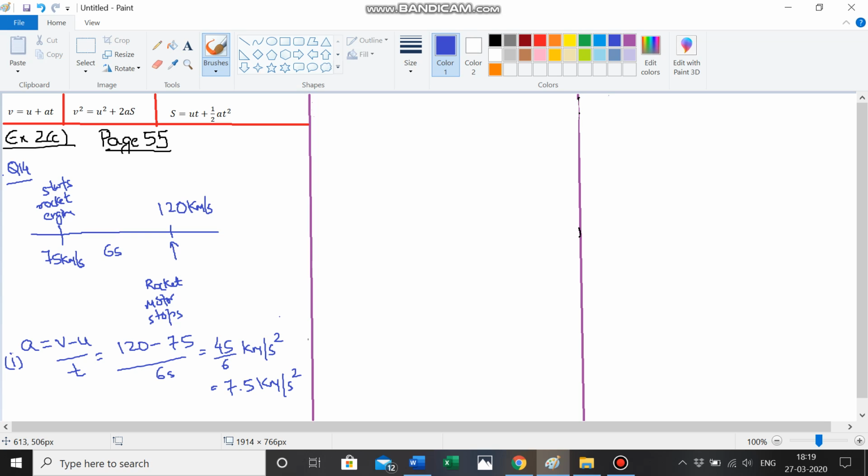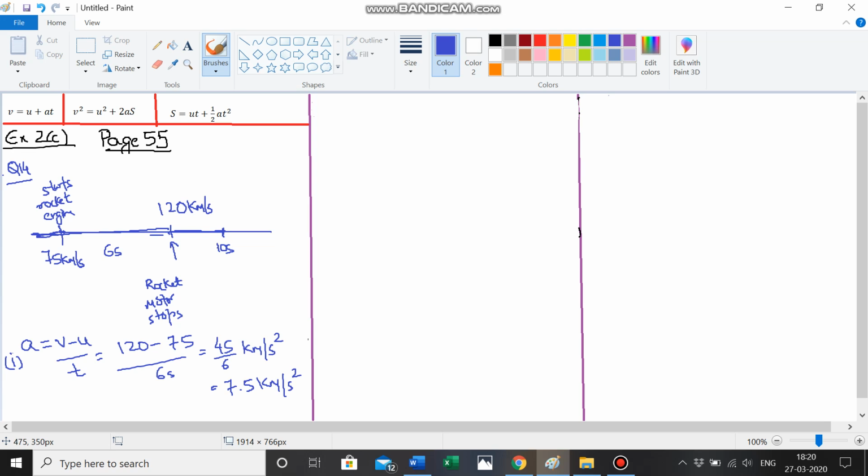Next: distance traveled by the spacecraft in the first 10 seconds after the rocket motors were started. So the rocket motor was started and they want the distance traveled for 10 seconds, which means let's say till here, this is the 10th second. This is where the vehicle started, and for 6 seconds it kept on accelerating, and then it moved at a constant speed of 120 km per second.